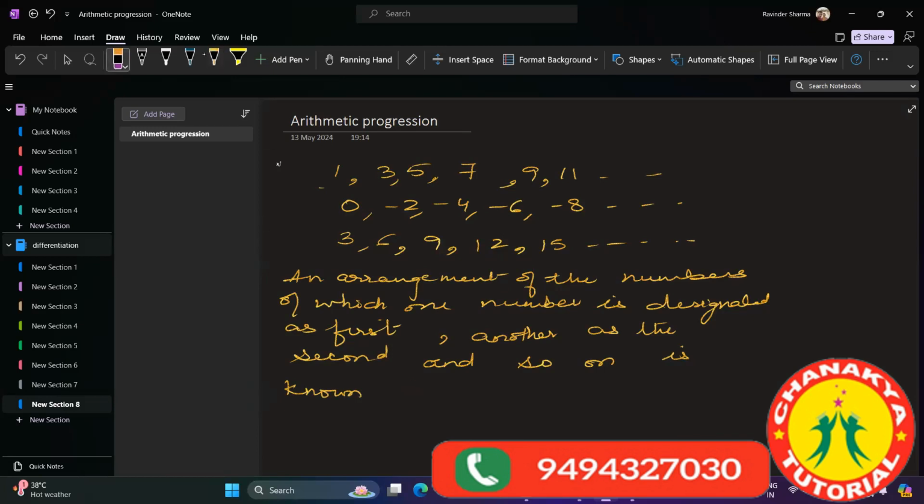So if you see these type of patterns, they are called sequence. Right, beta? Understood? What do you mean by sequence?